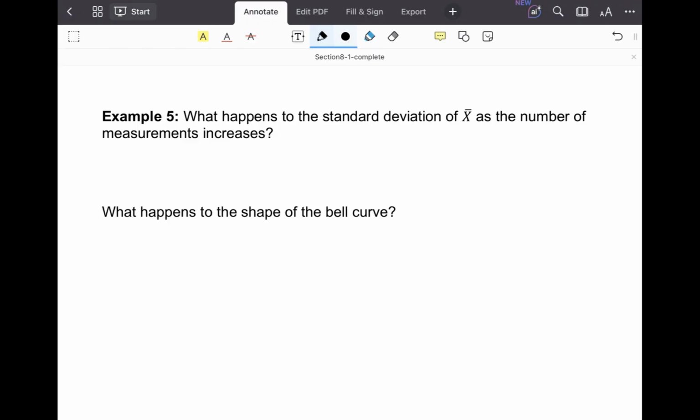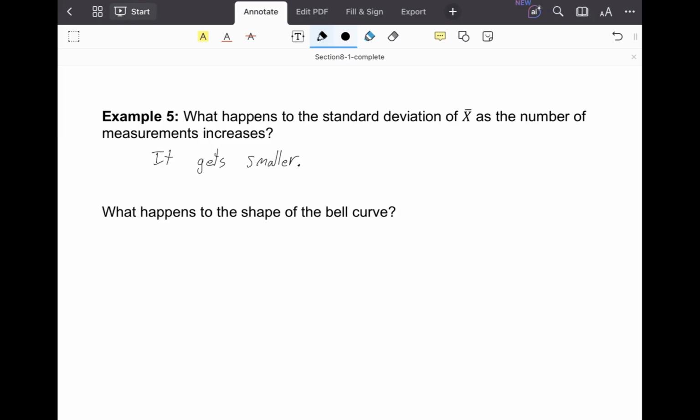It's asked, what happens to the standard deviation of x bar, that's the sampling distribution, as the number of measurements increases? I'm just going to put it gets smaller. So you're dividing by the square root of n. Dividing by something larger makes it smaller.